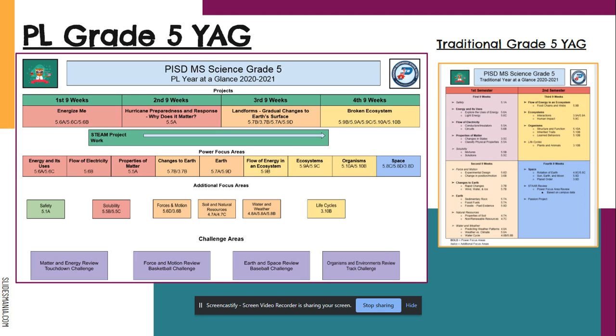Power focus areas consist of those standards that are mostly readiness or highly tested standards. Additionals consist of the supporting standards, and you'll see at the bottom we have challenge areas. These are extension activities for those students who successfully complete the PFAs and additionals. These students can benefit from more challenging activities.